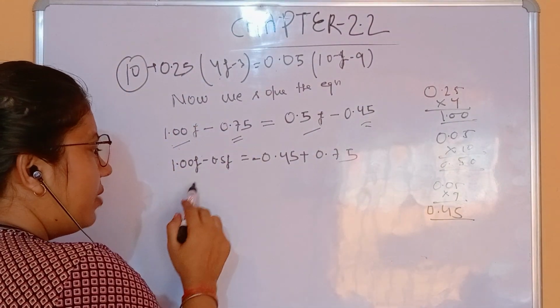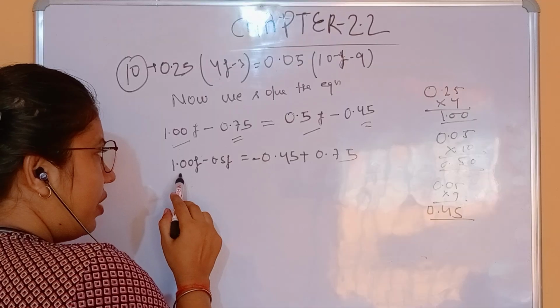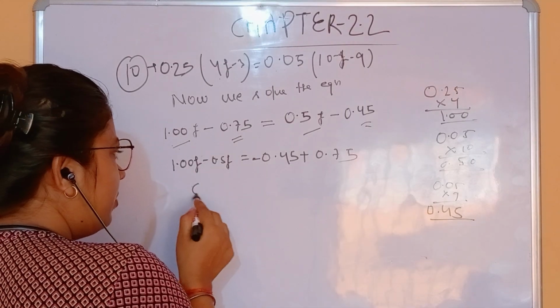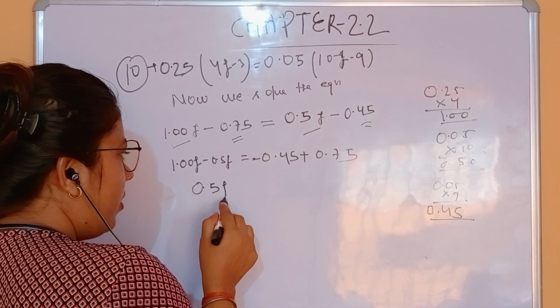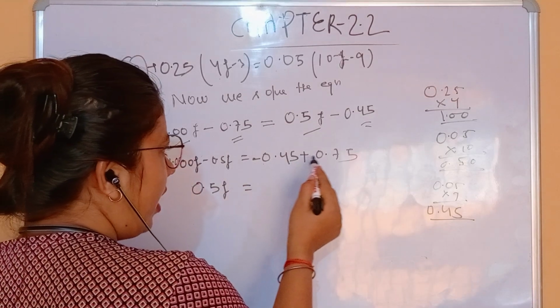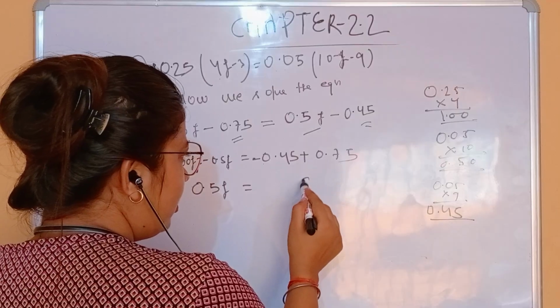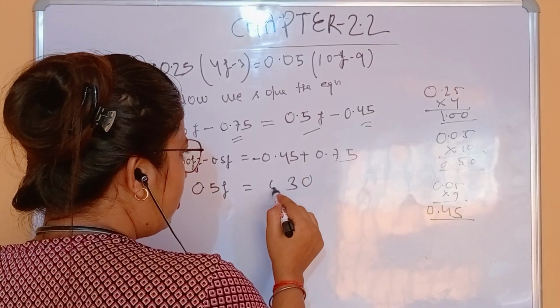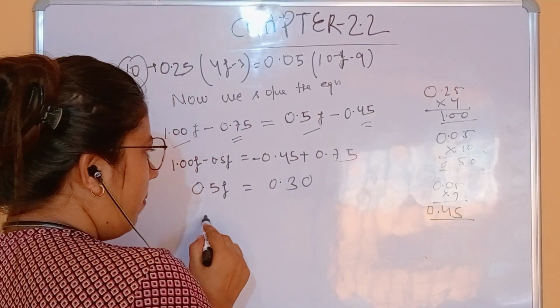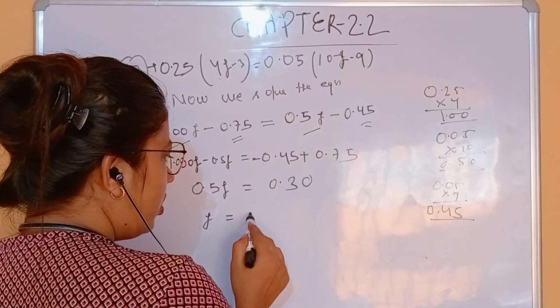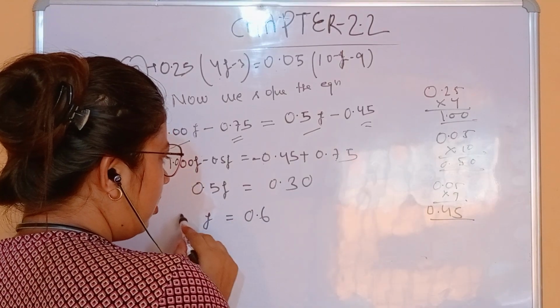So 1 minus half comes to 0.5f, equals minus 0.45 plus 0.75, which is 0.30. So the value of f is 0.6.